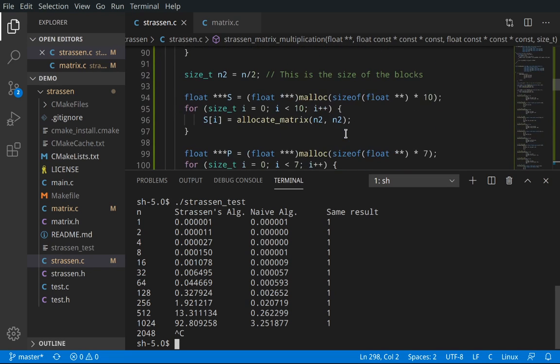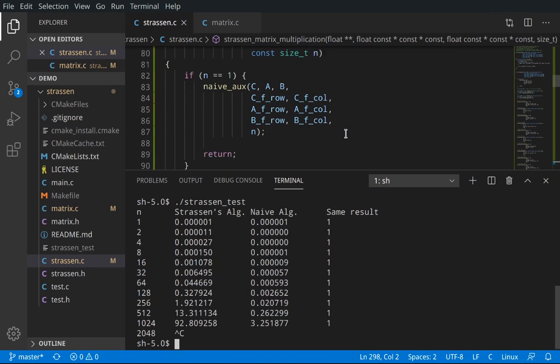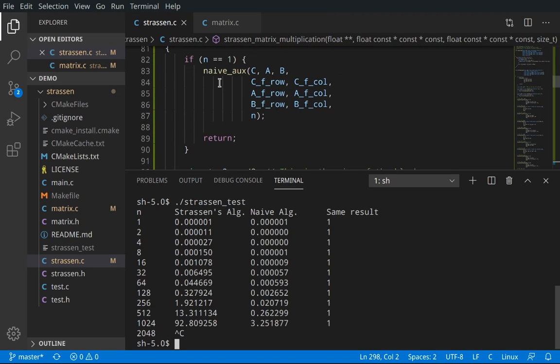If you remember, I'm going back to our code here. In the base case, we decided to apply the naive algorithm. So what if we try to reduce the overhead due to the fact that we are dealing with such small matrices?